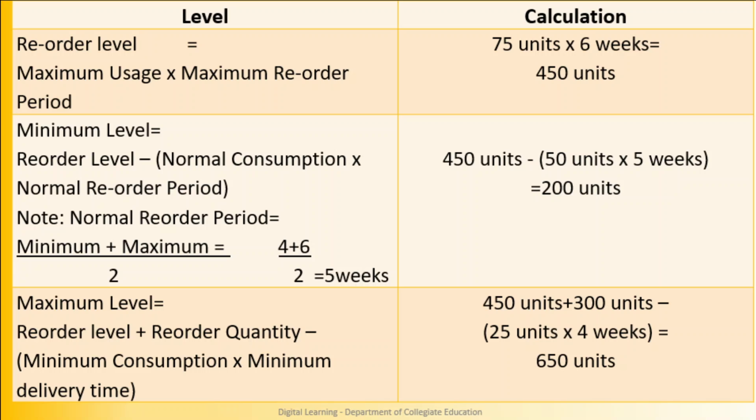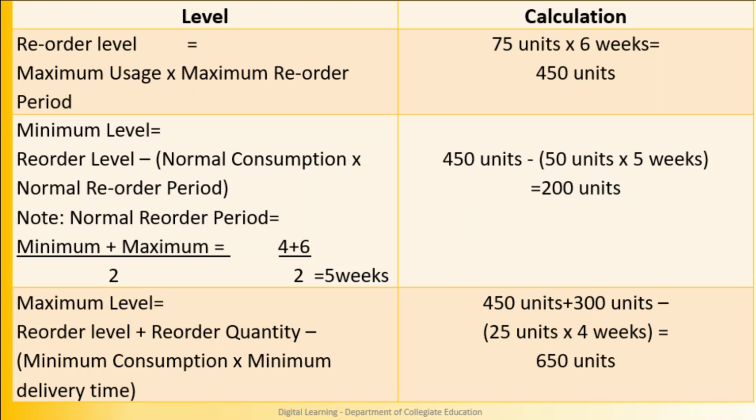The last one is calculation of maximum stock level. You know the formula to calculate maximum stock level is reorder level plus reorder quantity minus minimum consumption into minimum delivery time.